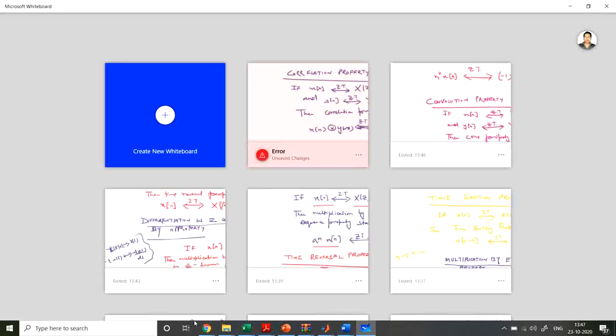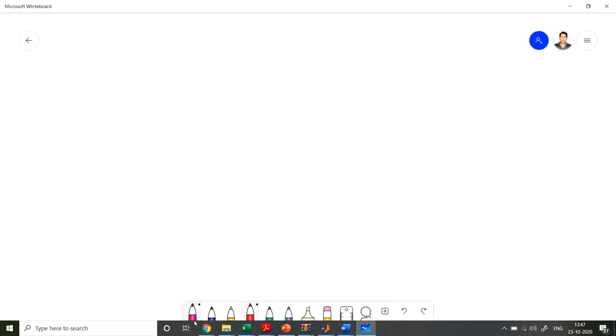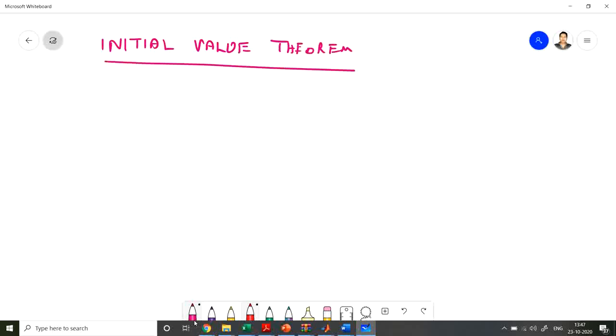Next property is the initial value theorem. So what is that initial value theorem?